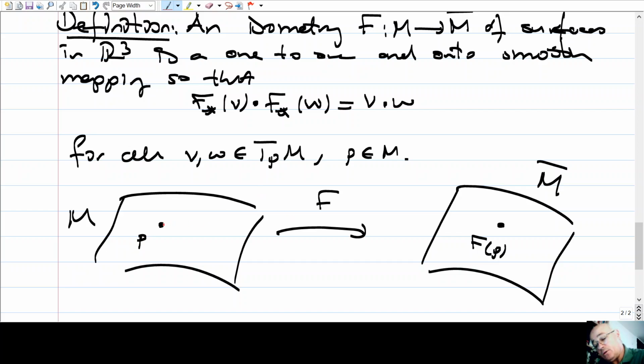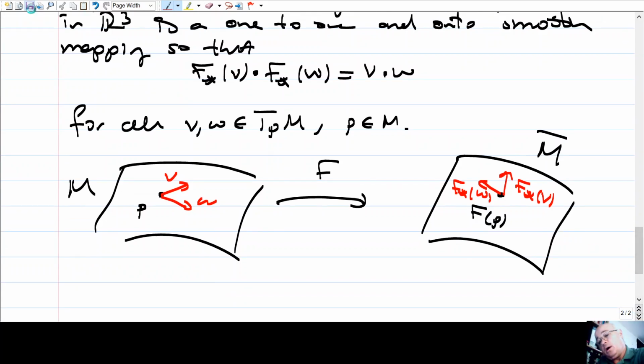If you send two vectors V and W to two vectors like this, F star V and F star W, tangent vectors, then the inner product of these two vectors is the same as the inner product of the original two vectors. And this happens for all vectors and at all points. So that's the definition of being an isometry.